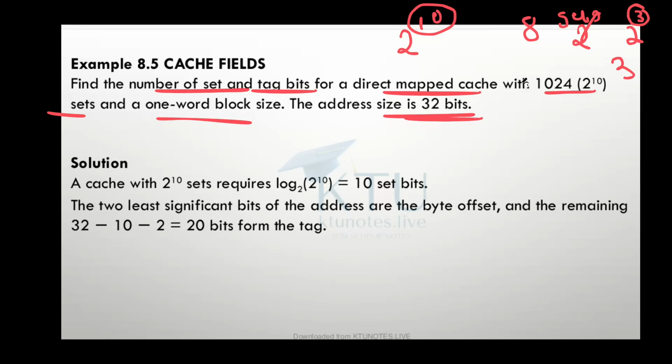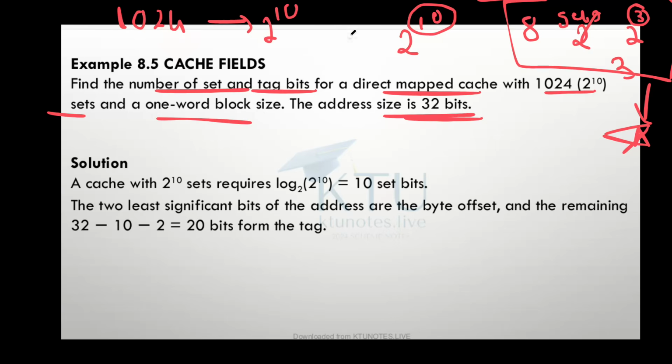This we did in the previous class, this theory part. You have to understand that. So similarly, if you have 1024 sets, that means you have 2 raised to 10 sets, so the number of set bits would be 10.